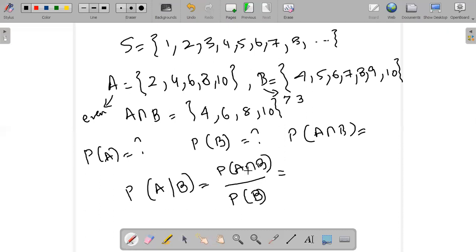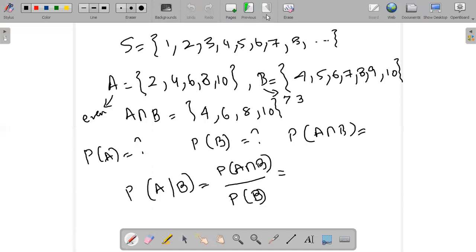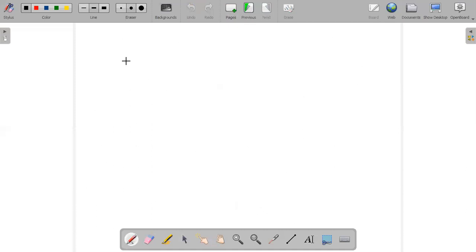Can you tell me what is P of A? How many elements are in A? 5. Right, 5 divided by 10. Can you tell me what is P of B?